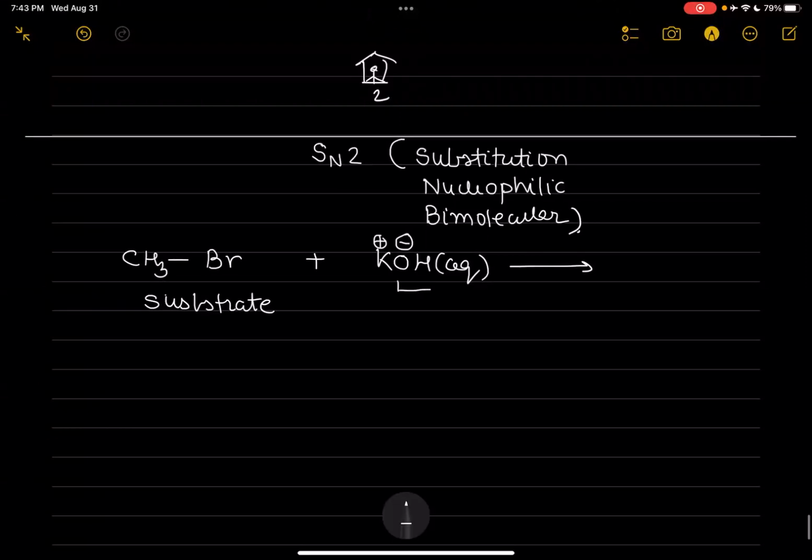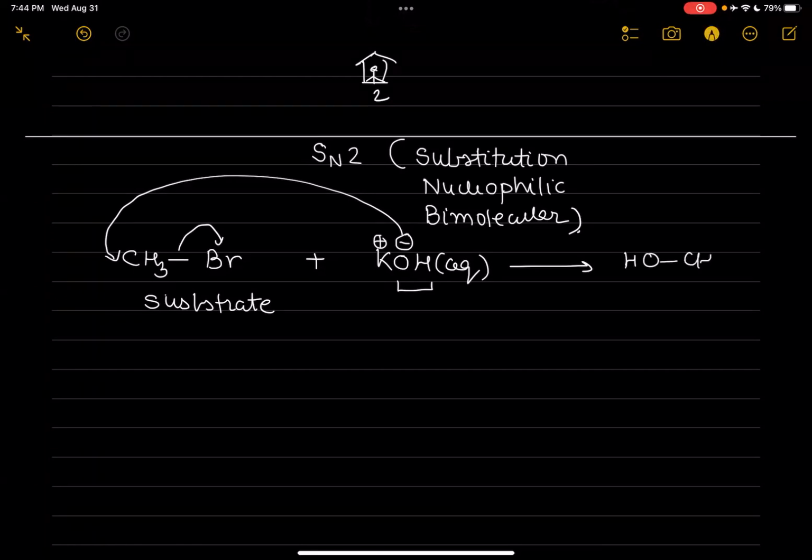Is it clear? And this OH minus will come in and it will push out simultaneously the leaving group, and the leaving group is none other than Br. So we have OH and CH3, and the Br minus will come out, but we are going to write Br minus with K plus.